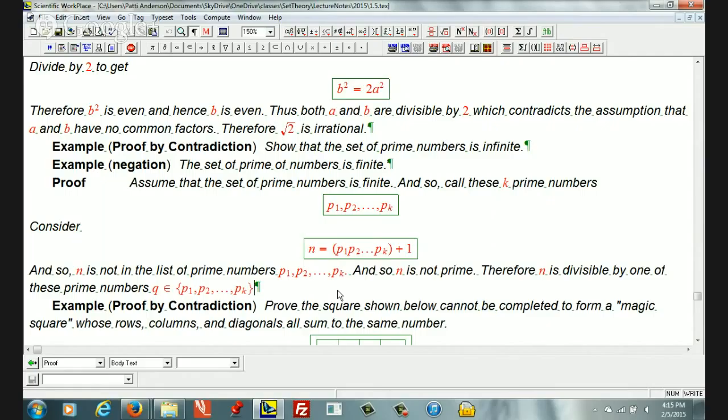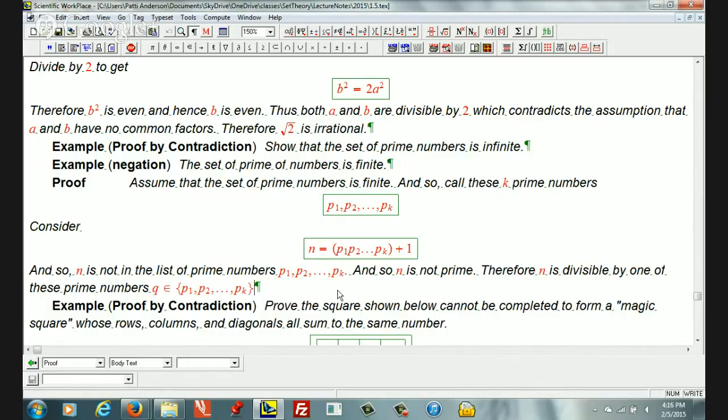So rather than trying to mess with the notation of it, I'm just going to call it a Q. That's all the prime numbers we have, and N has to be divisible by a prime number because it's not in the list of prime numbers. So why do they say that they have a number N which will not have any of those prime numbers as a factor?